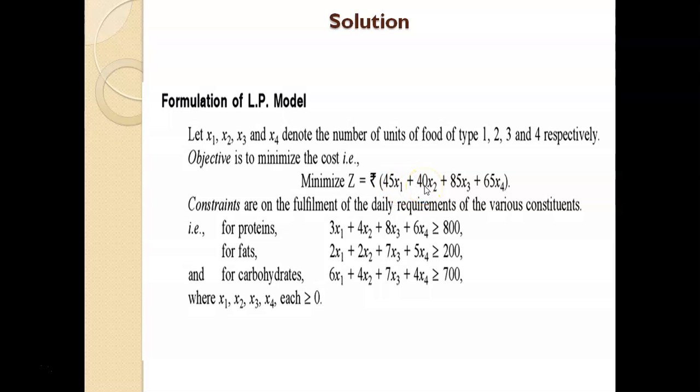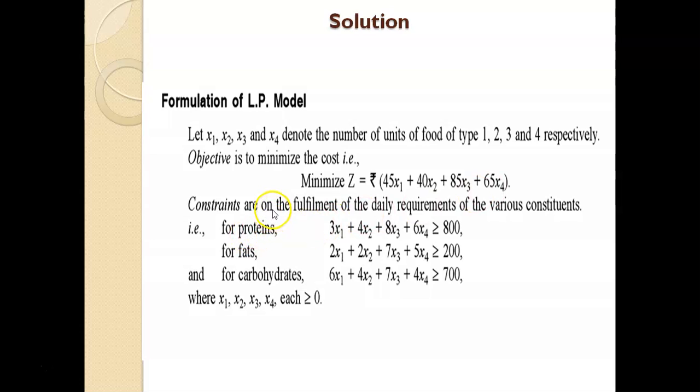Similarly, the total cost of purchasing x2 units of food 2 is 40 into x2, and similarly 85 into x3 and 65 into x4, and the sum gives me the total cost of purchasing x1 units of food 1, x2 units of food 2, x3 units of food 3, and x4 units of food 4.